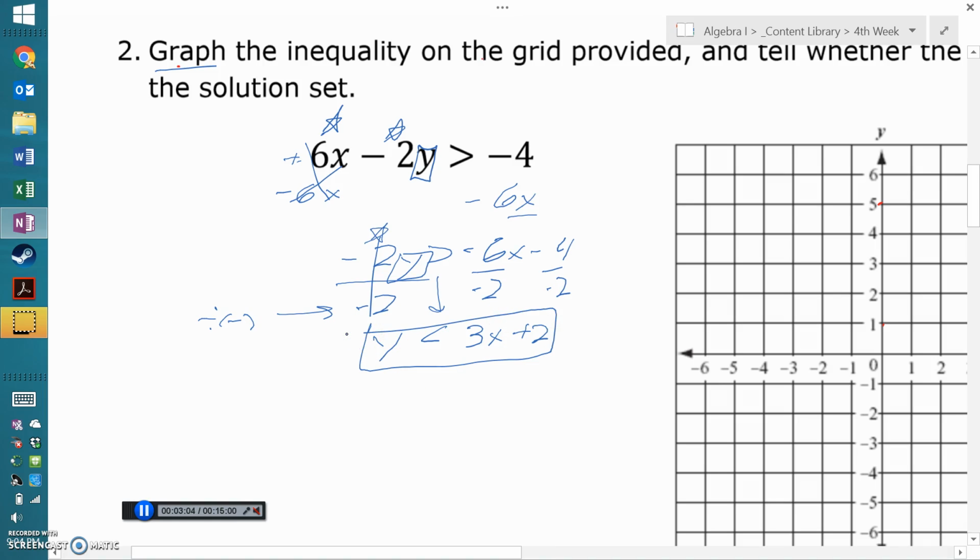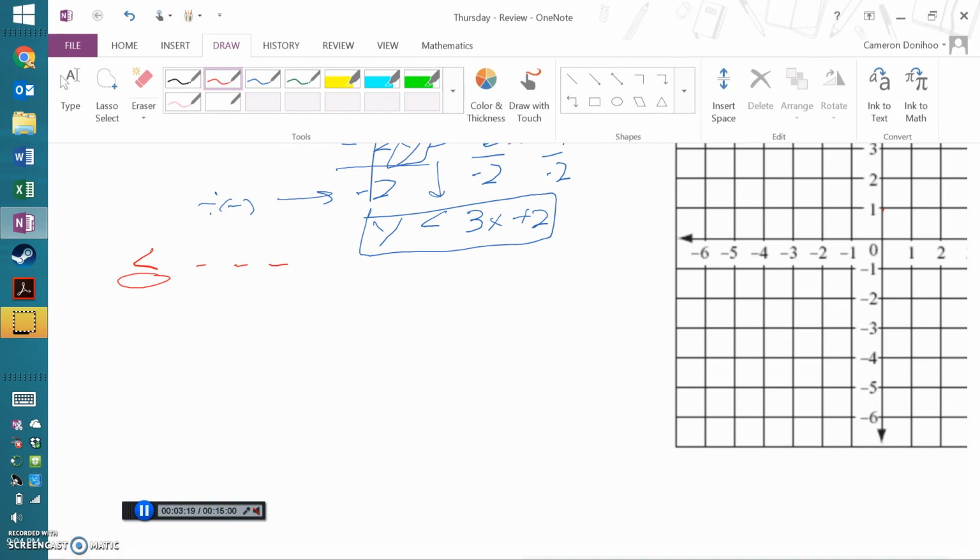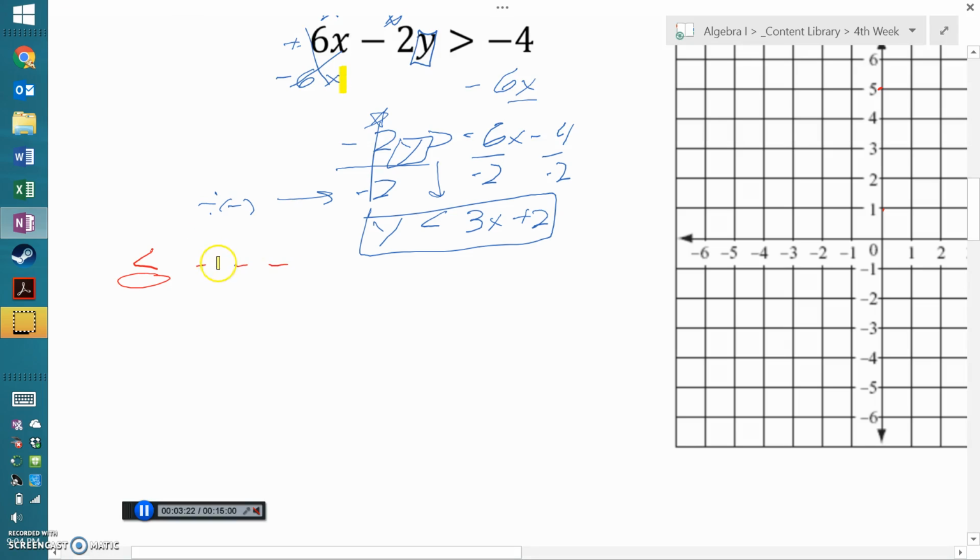Okay, so now I'm going to be able to graph this. Now, the only thing is that because I'm dealing with an inequality, I'm going to have to apply inequality rules here. There is no equal to for this inequality. That tells me I'm going to have a dashed line. And this is a less than inequality, which tells me that the lower portion of the inequality is going to be shaded, or the graph.